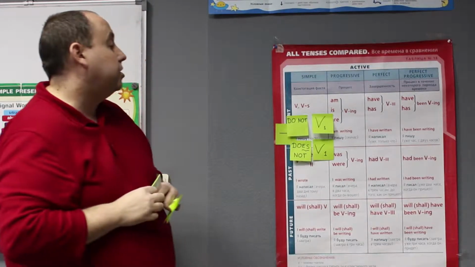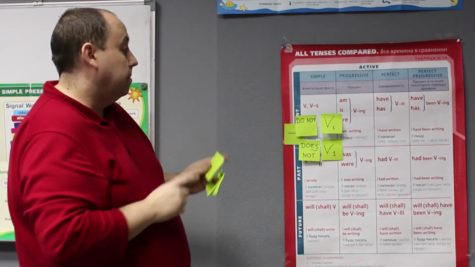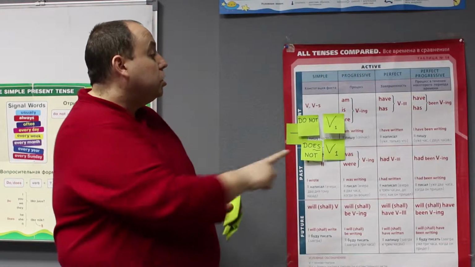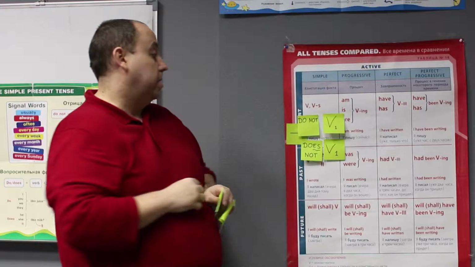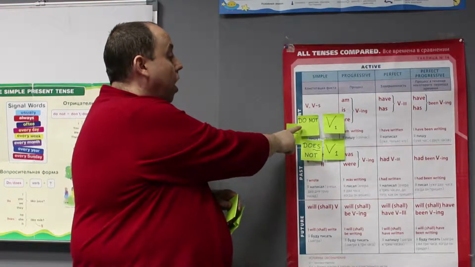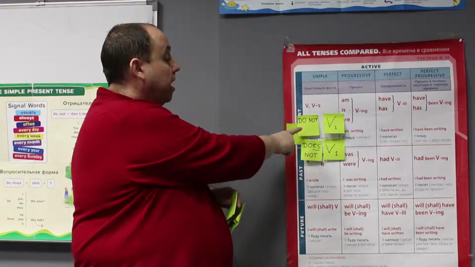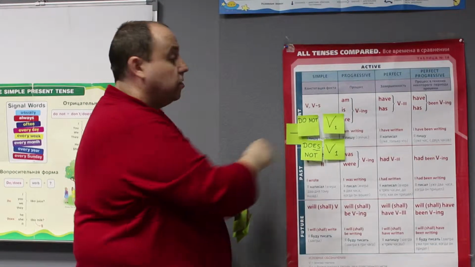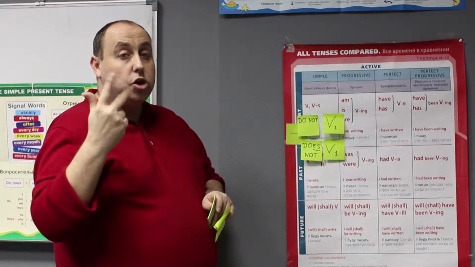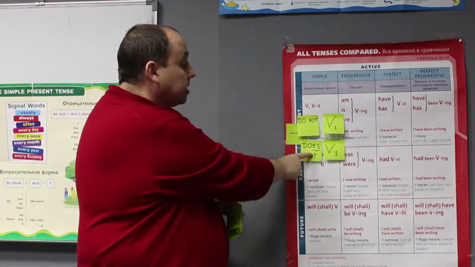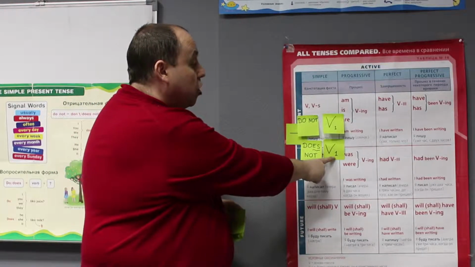So let me just explain this to you. In the present simple, if you have a negative, you still use the verb in the first form. However, for I, you, we, or they, you use the helping verb, do not, and then the main verb in the first form. For he, she, or it, the third person singular, you use the helping verb, does not, followed by the verb in the first form.